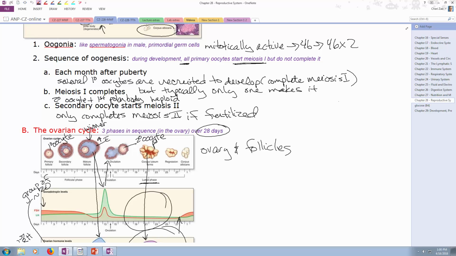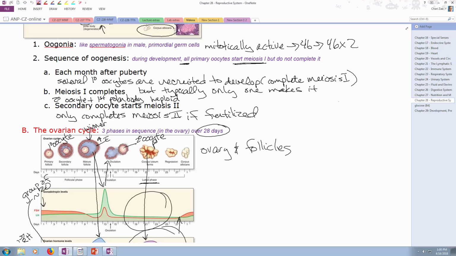Once in puberty, a whole bunch of these oocytes that are stuck in meiosis 1, and therefore primary oocytes, will become recruited by gonadotropin releasing hormone, which will cause the release of FSH. So the true stimulus is FSH, follicle stimulating hormone.